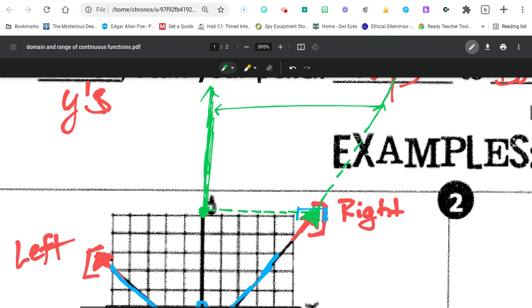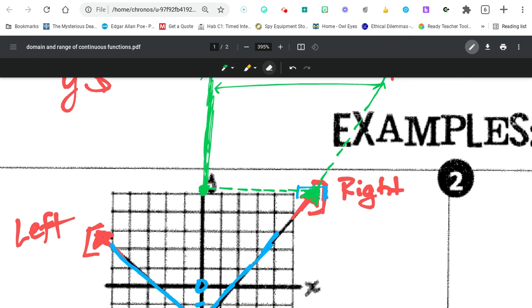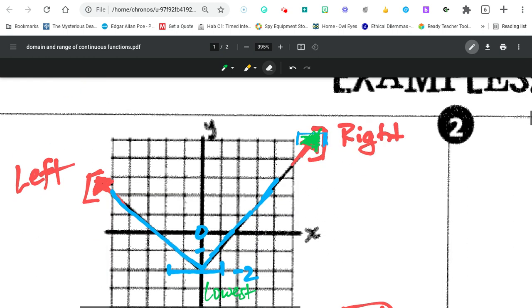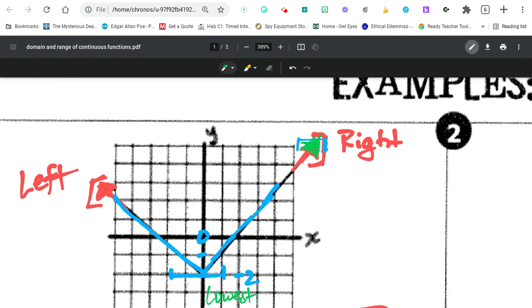So since it keeps going forever, and be careful with these arrows, guys, that means that it stretches forever going up. So it doesn't stop right here on the Y. It approaches positive infinity on the Y-axis.